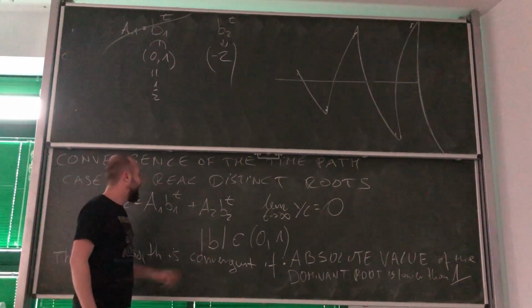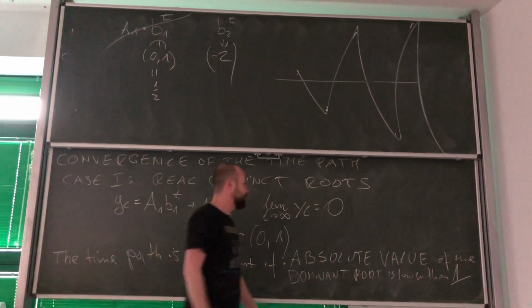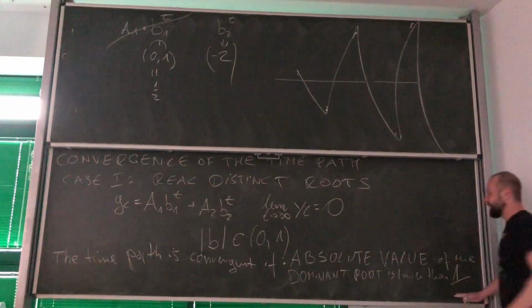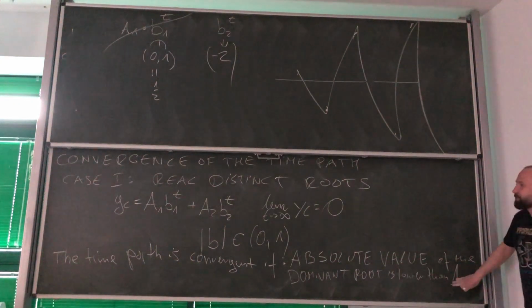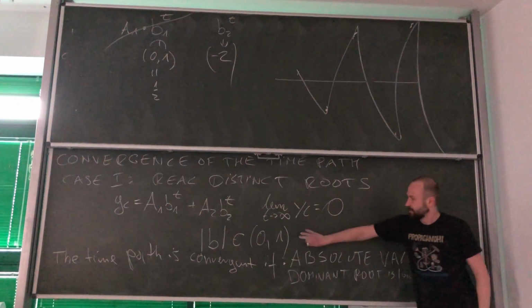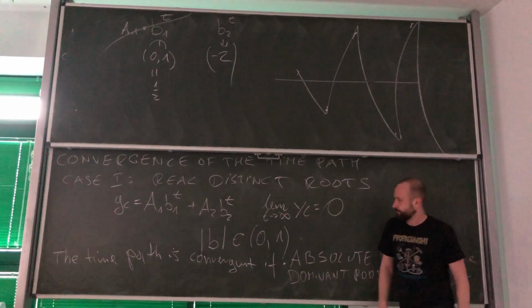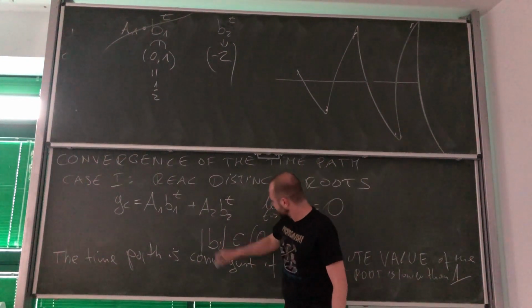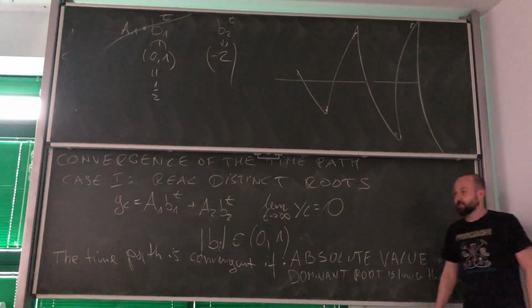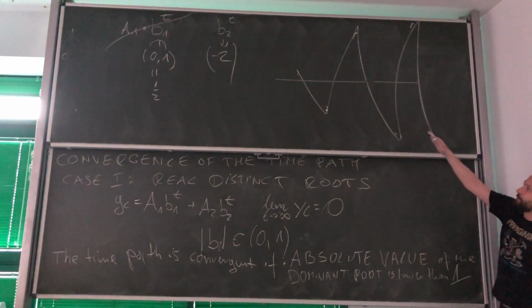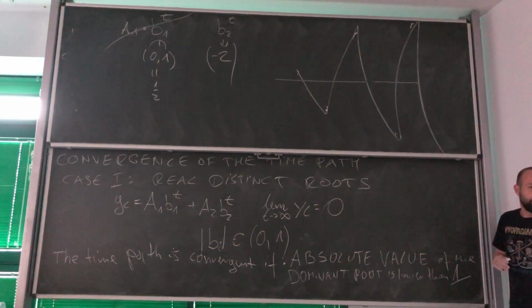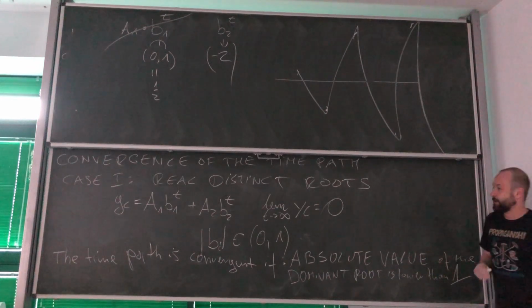And if it happens to be that the bigger root, so the dominant root, in absolute value is below 1, so this is the case we got, this means the time path is going to be convergent.